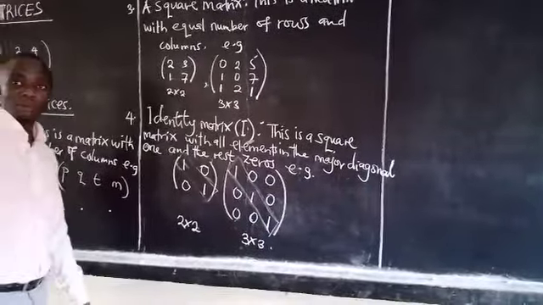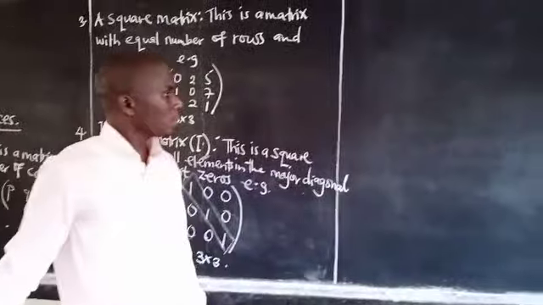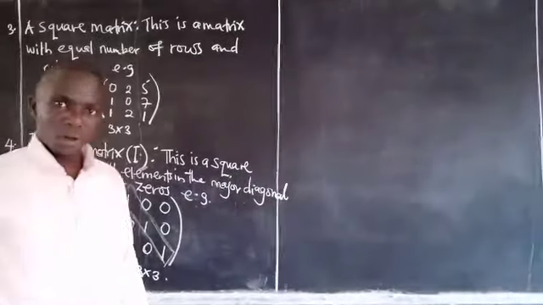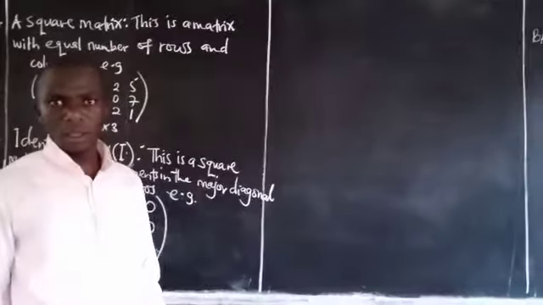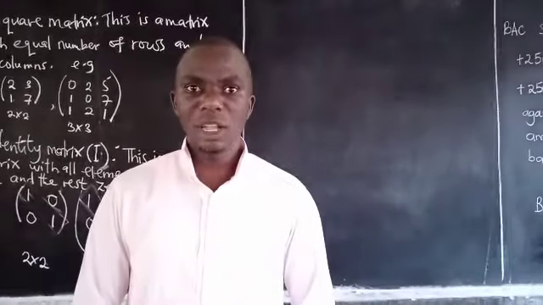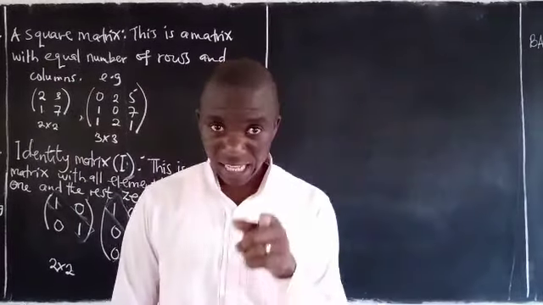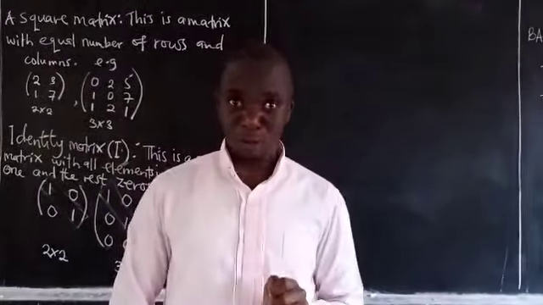We have different types of matrices. You can have a matrix whose all elements are 0. What do you think we can call that matrix? All elements are 0. What do you think the name given to that matrix is? Exactly.